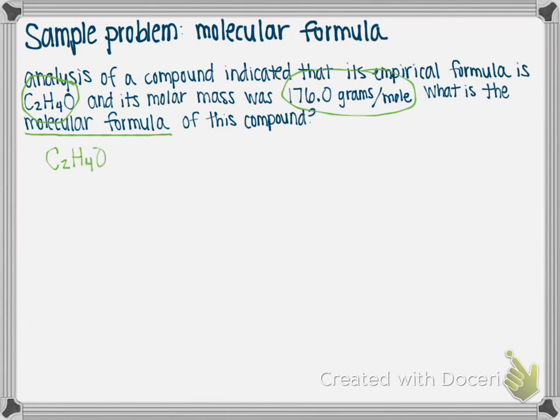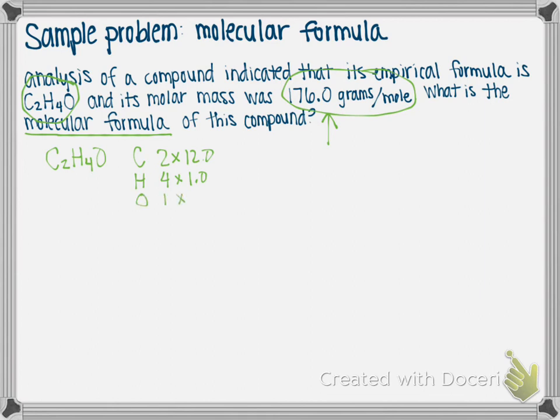And we need to find the molar mass of this so that we can compare it to the molar mass of the molecular formula, which is your 176.0 grams per mole. So finding the molar mass, you need to take your carbon. You've got 2 of them, so 2 times 12.0. Hydrogen, 4 times 1.0.